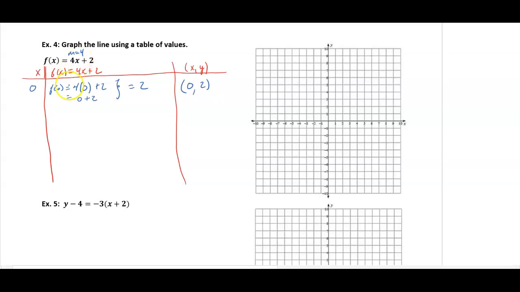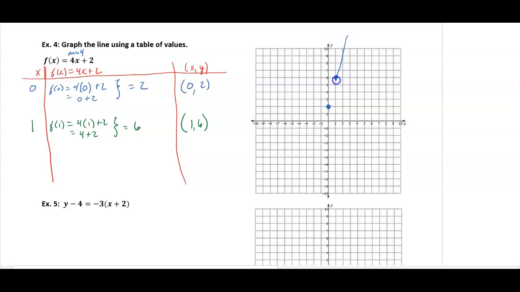Next, since m is an integer, my next value is going to be 1. So evaluate f of 1. 4 times 1 plus 2 gives you 4 plus 2, which is 6. Ordered pair, 1, 6. So if I wanted to, I could get away with graphing this line using 0, 2 and 1, 6.